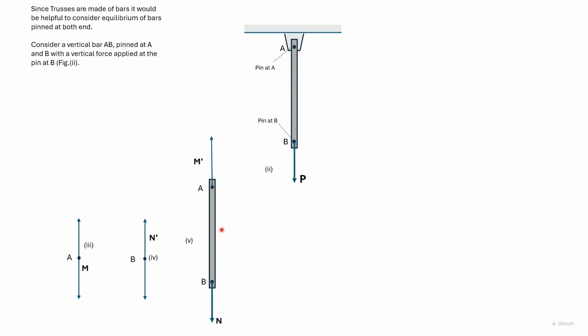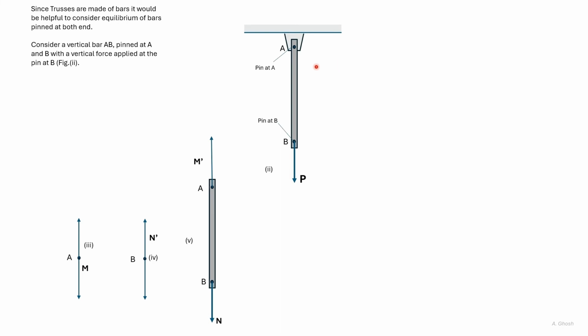The bar AB is being pulled by the pin at A and the pin at B. So in the cases of figure 3 and 4, the forces are the forces that act on the pins, not the forces that the pins exert on the environment. Here also in bar AB, we only deal with the forces that act on the bar due to the pin, not the forces that the bar exerts.